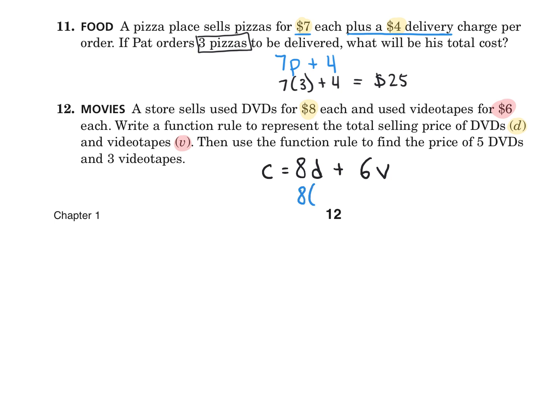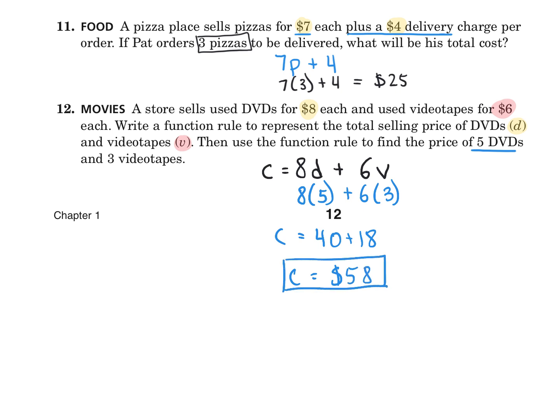Oh, 8 times 3. And then 6 times. You mean 8 times 5? All right. And then 6 times 3. Yeah. So once you have the rule, it's easy to see, right? The cost. It costs $58. So see how the rule helps you.